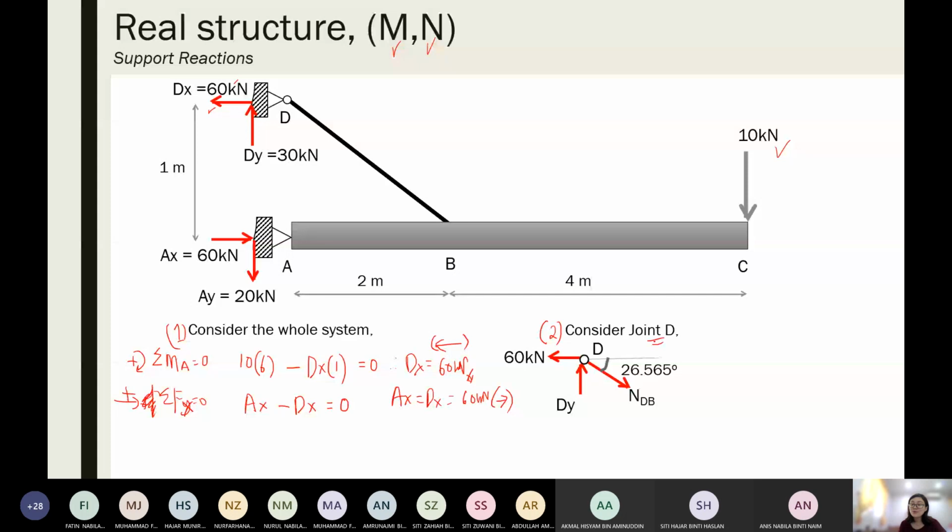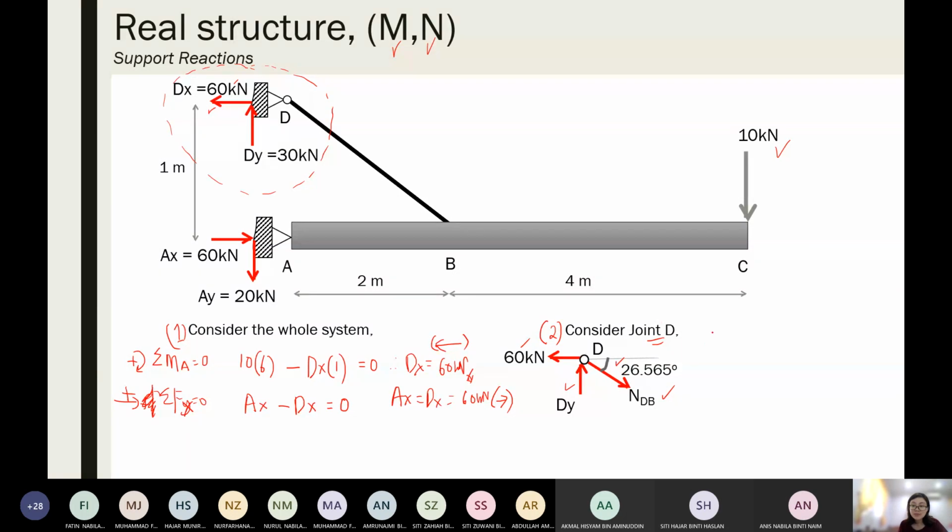So we put all the forces acting at joint D. Now at joint D, I have Dx 60 kilonewton, drawn in the exact direction. Dy is my assumed direction, and NDB, I assume it tension, and I also determined the angle of 26.565 degree.